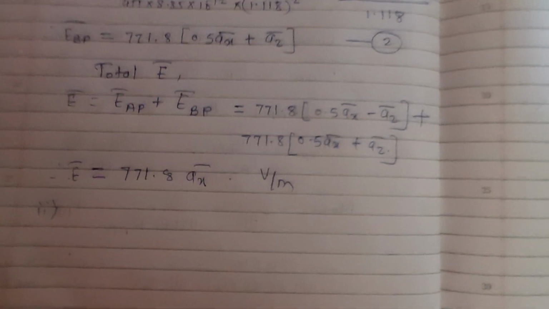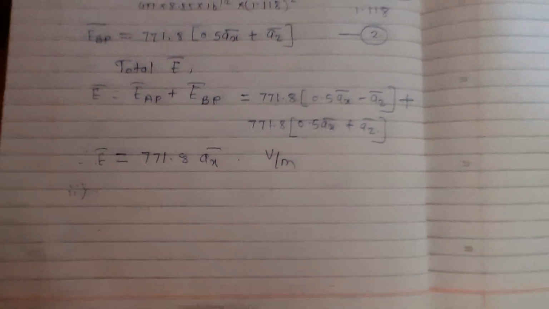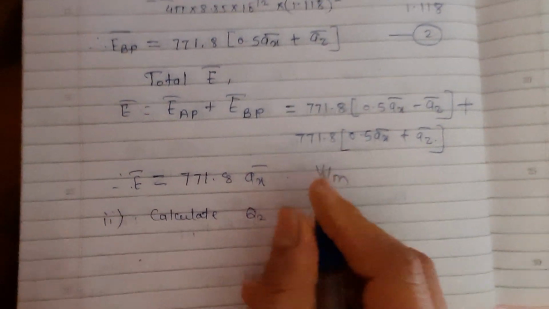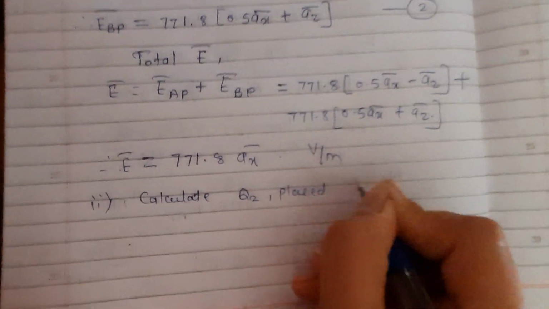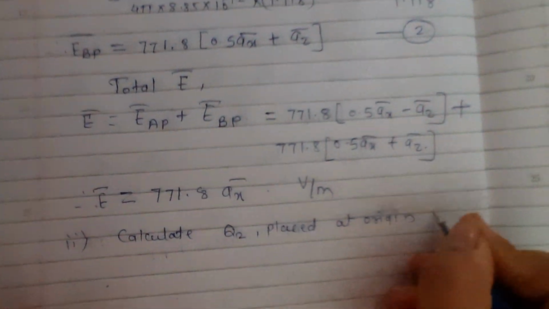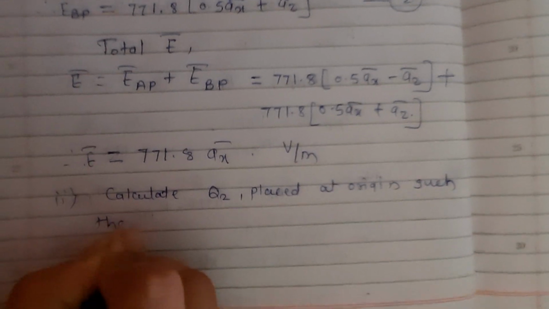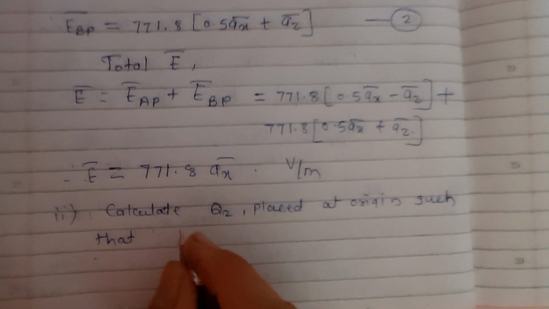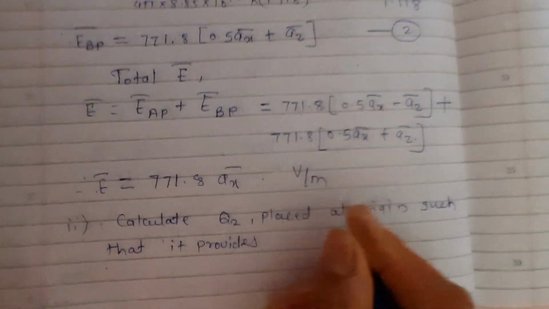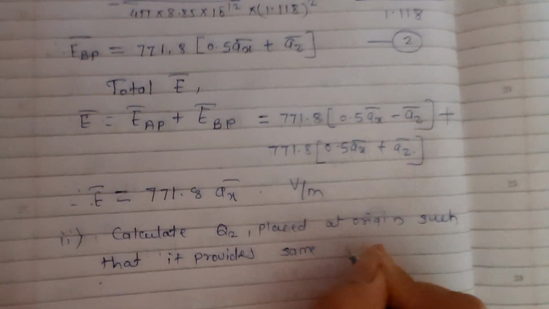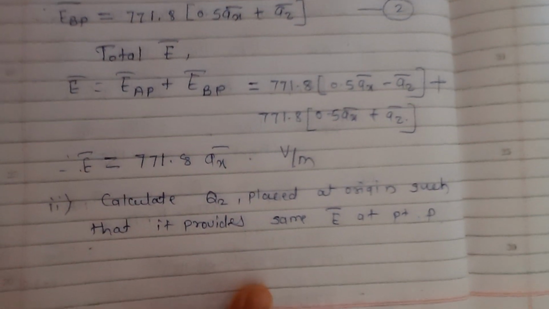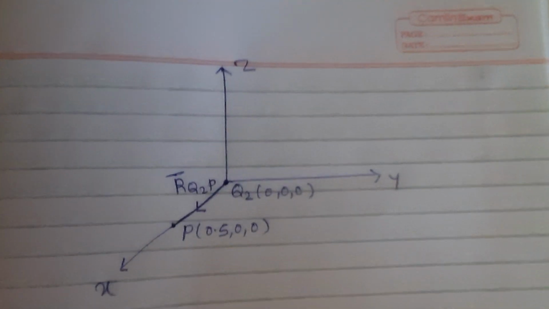Now for that we have to calculate the Q2 which is placed at the origin, such that it provides the same E bar at point P. So for that we will first draw the diagram. So this is the diagram.